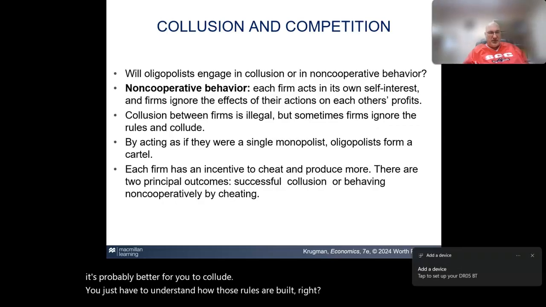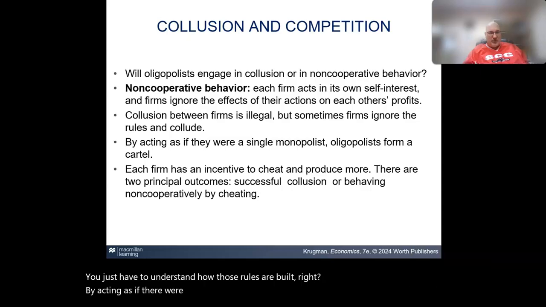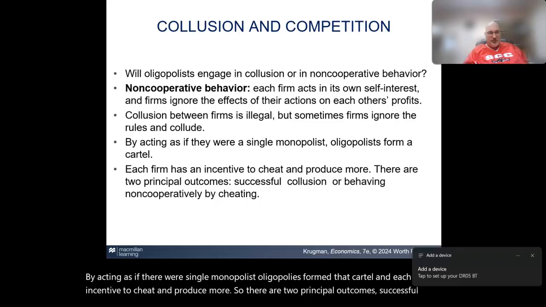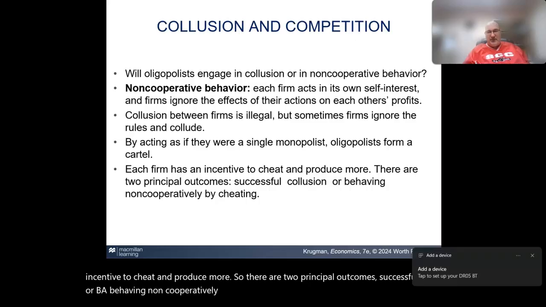By acting as if they were single monopolists, oligopolists form a cartel, and each firm has an incentive to cheat and produce more. So there are two principal outcomes: successful collusion or behaving non-cooperatively and cheating. Even for OPEC, Nigeria is in OPEC and they're a really poor country and they don't produce that much oil anyway.